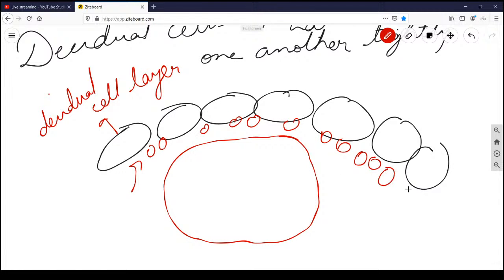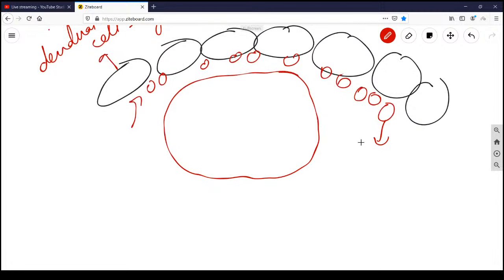You might have studied the cytokines, the cell-secreted mediators. One of those is IL-2, interleukin 2.